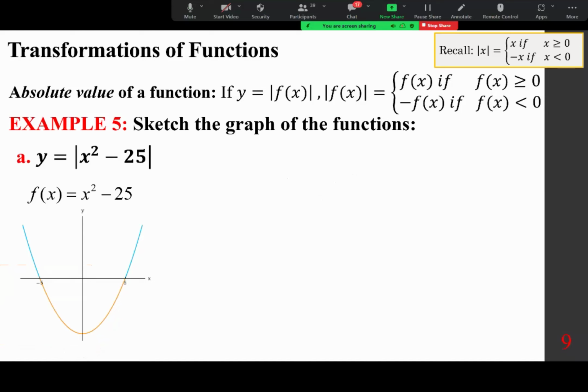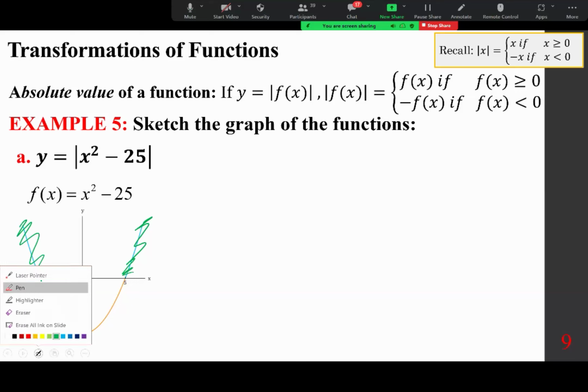Now, when we want the absolute value of the graph, the portion which is above the x-axis doesn't change. Okay, that remains unchanged. But this portion which is below will flip over with respect to the x-axis.